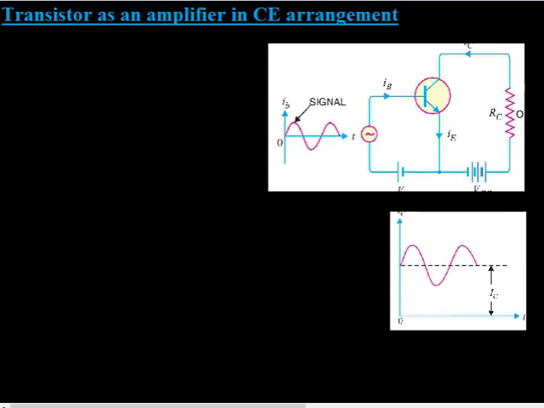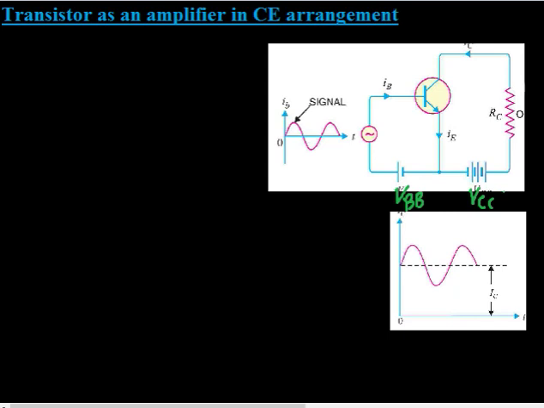The circuit is a common emitter transistor amplifier, and here we have used a source of voltage VBB, which forward biases the base emitter junction, and VCC, which reverse biases the collector junction.